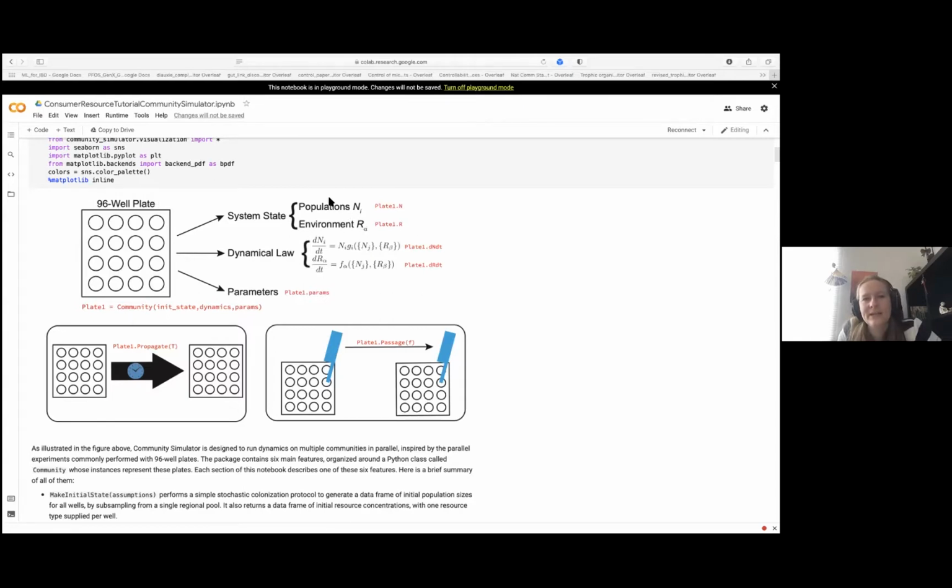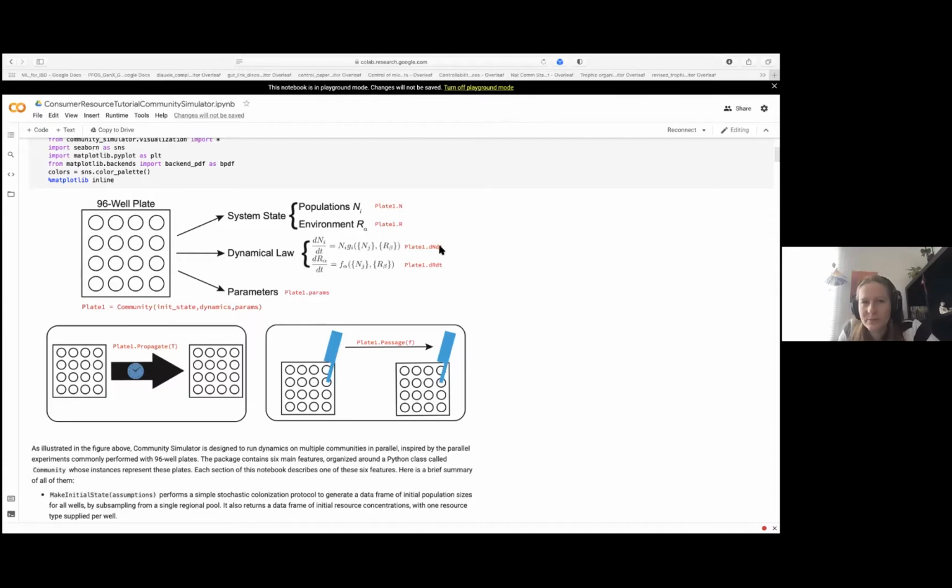In this plate, you basically have to specify your resource amounts, at least your initial bacterial population, like what bacteria you're putting there, and your initial quantity.